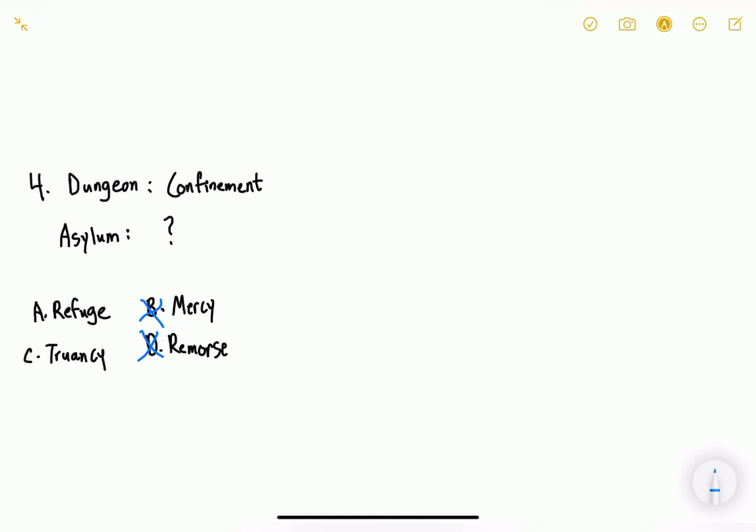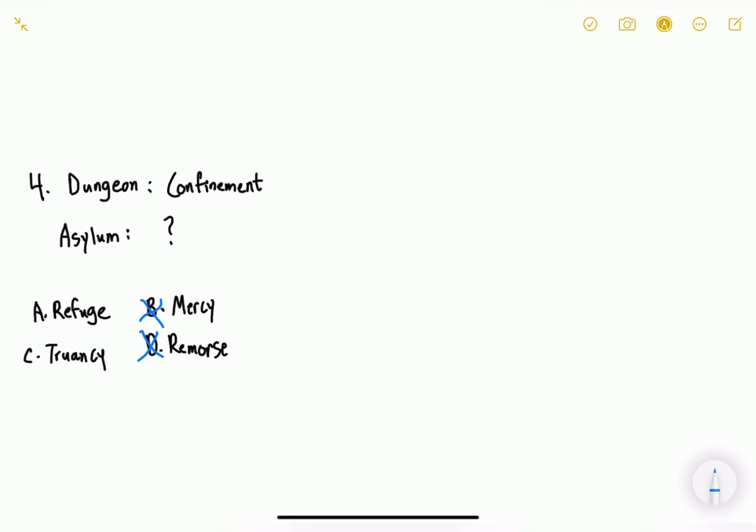Because remorse is showing deep regret or guilt for committing something wrong. And in an asylum, you usually don't think that you did something wrong, because the person is crazy or just needs mental help.